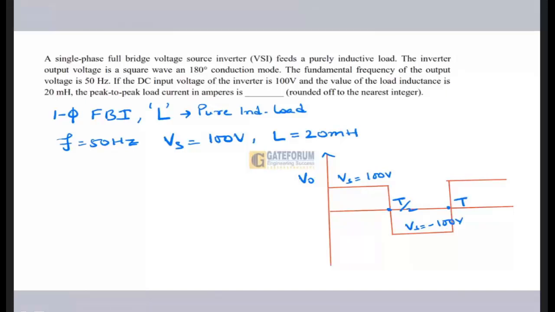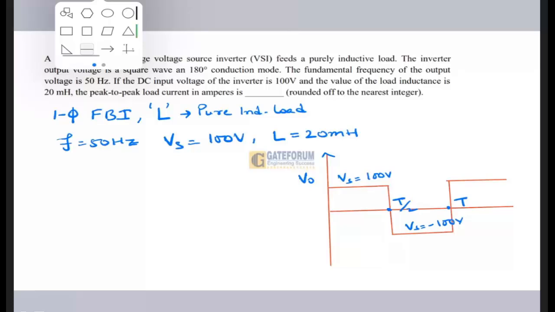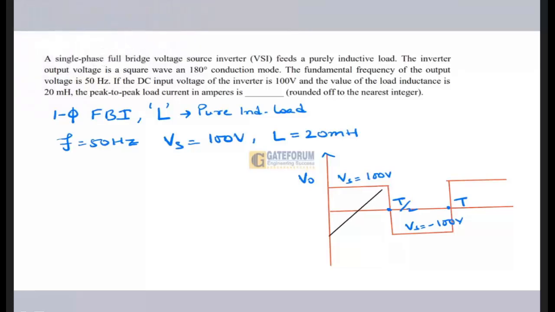Now, what I'll do is I'll draw the output current. So output current or the load current will look like this. It will go from minus I naught to plus I naught, and plus I naught to minus I naught.